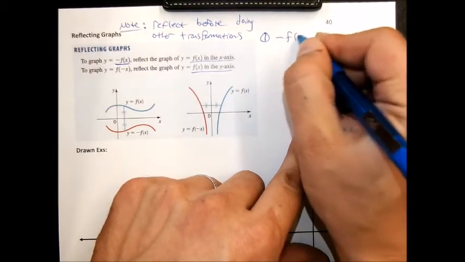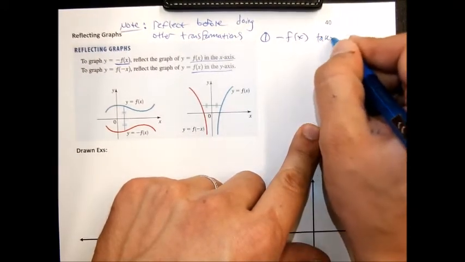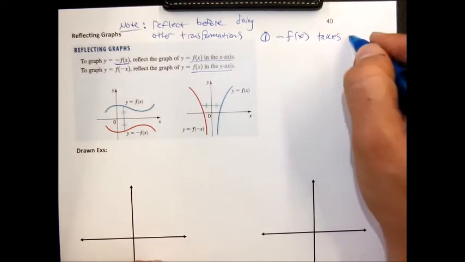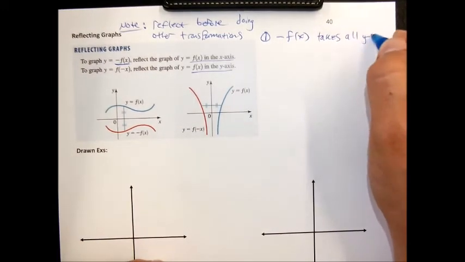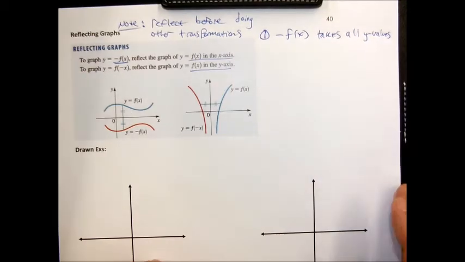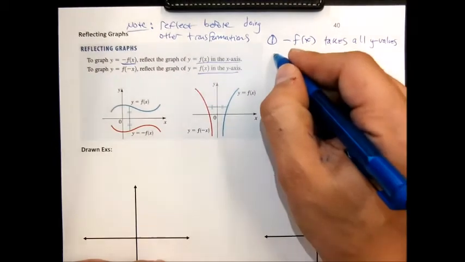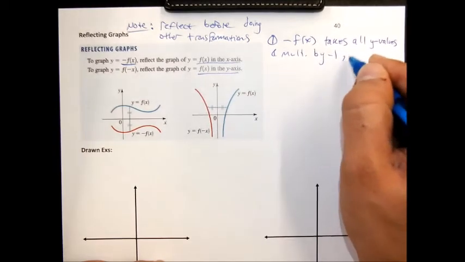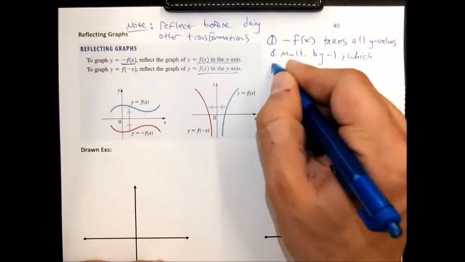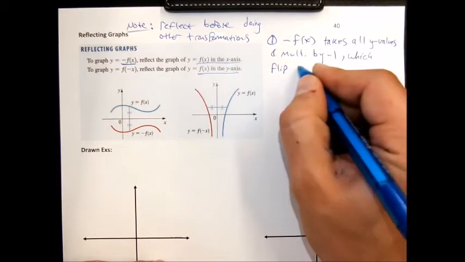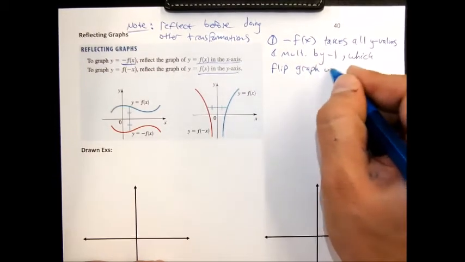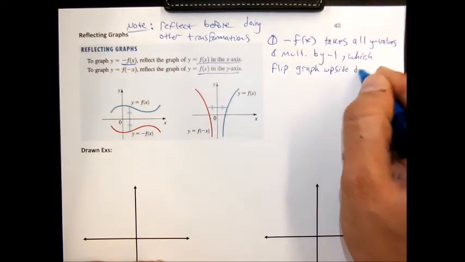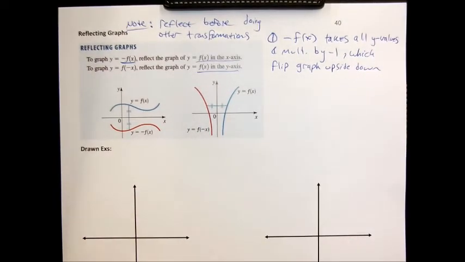So minus f of x takes all the y values and multiplies them by -1. And in doing so, that flips the graph upside down. So I refer to that as upside down, like over the x-axis.